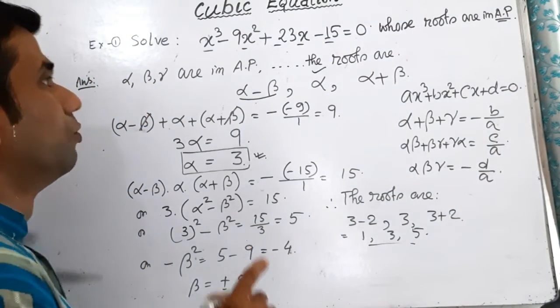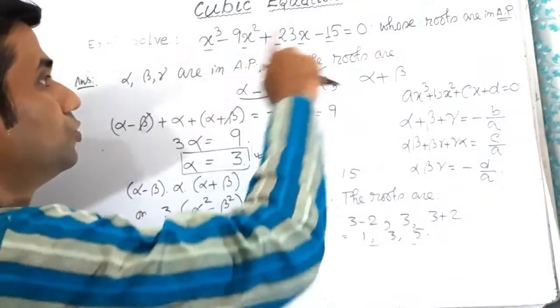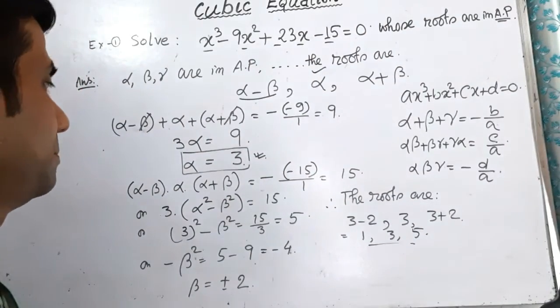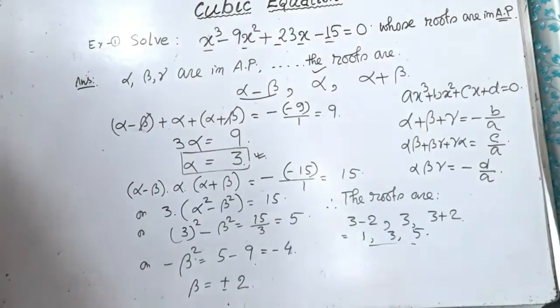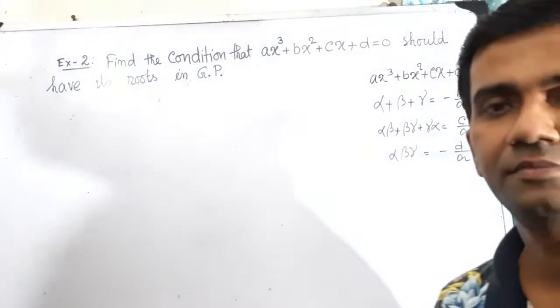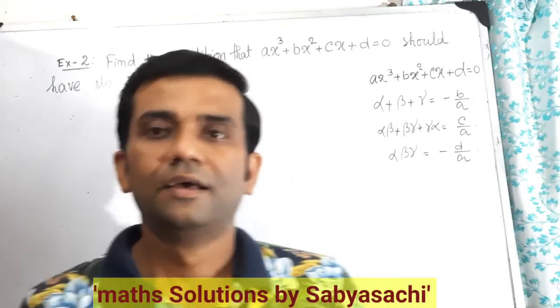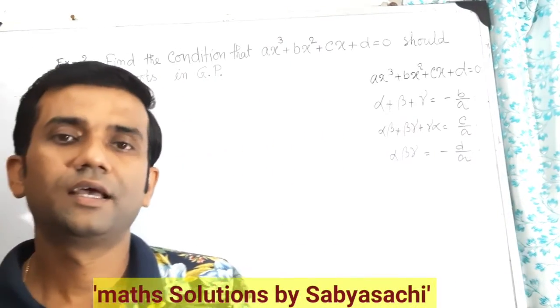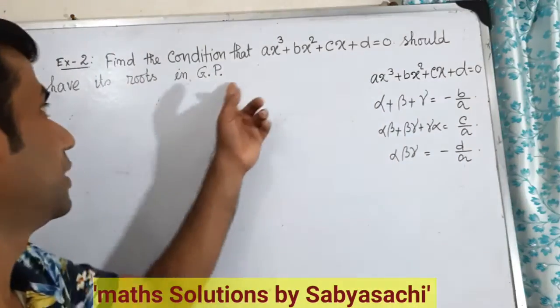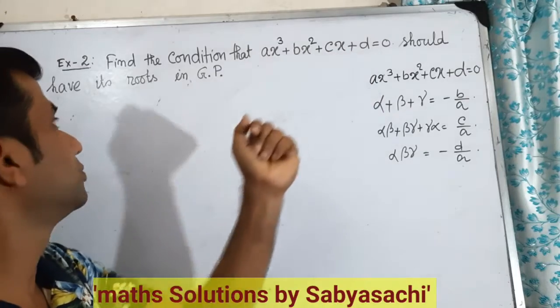Next, we shall solve a problem whose roots are in GP. Now our next problem is x³ + bx² + cx + d = 0.